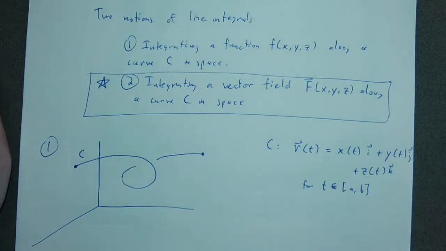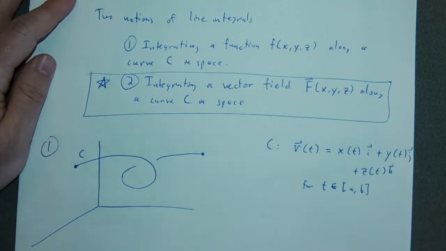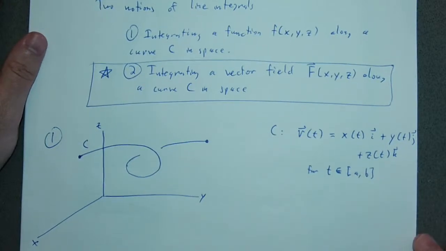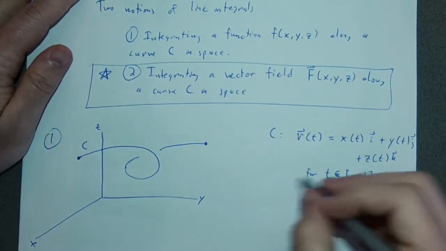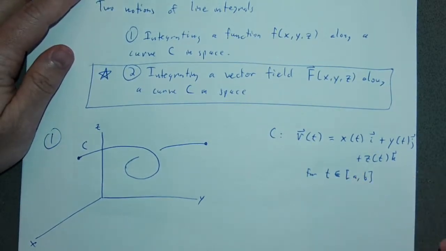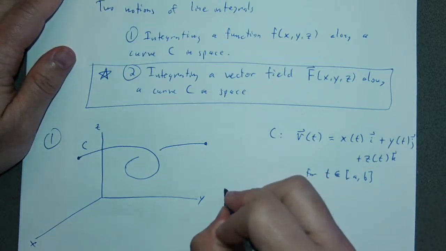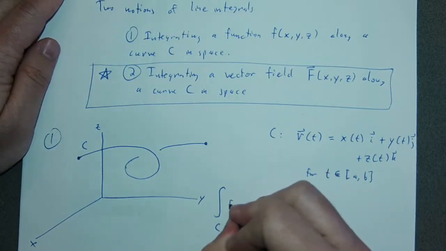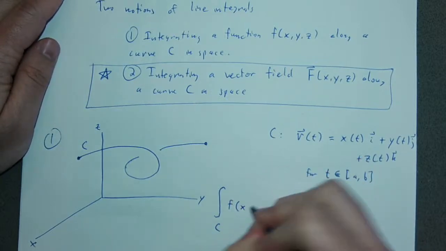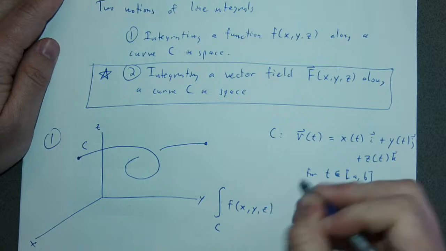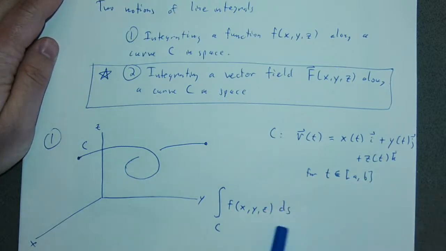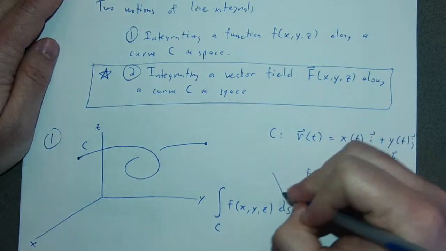So once we have done that, if I have a function, this is space as normal, and on some region in space it makes sense to talk about a function, little f of x, y, z, then the integral over C of little f of x, y, z ds, this is called the line element.